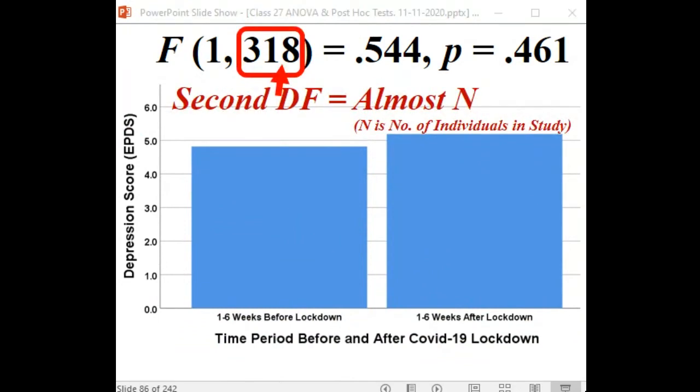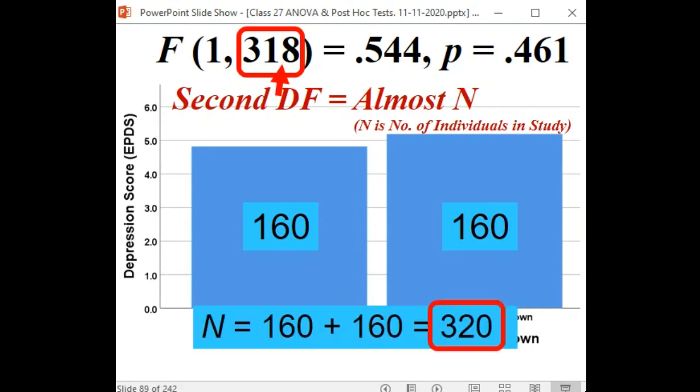Second degree of freedom is supposed to be almost n. Well, let's calculate n. The number of pregnant women in the first group is 160. The number of women in the second group is also 160.